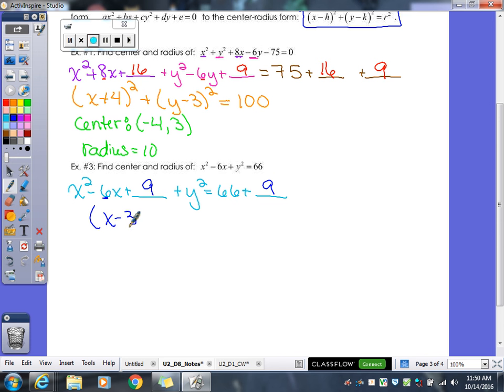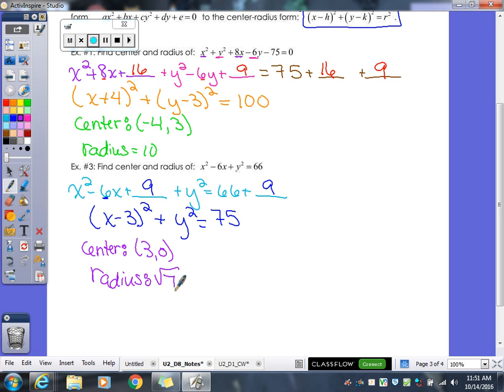So this would be x minus 3 squared plus y squared equals what? 75. So what's our center? 3, 0. What's our radius? Ooh, but we got to simplify that.